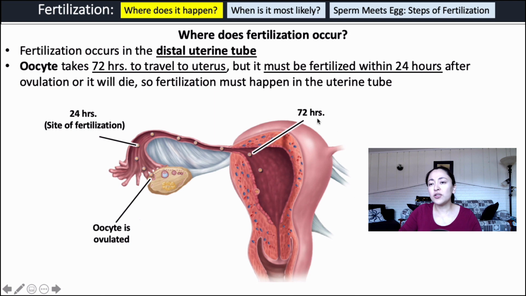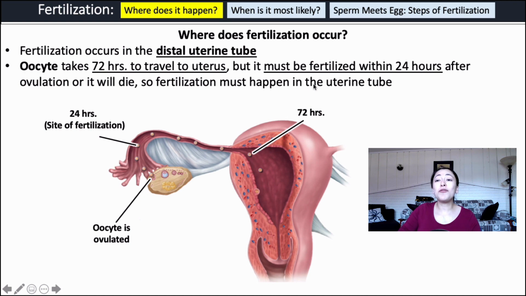Just again to review the anatomy of the female reproductive system, this is the vagina down here, or the vaginal canal. This is the cervix, which is the opening to the uterus. Here's the uterus, here is the uterine tube, and here are the ovaries. The oocyte is ovulated from the ovaries, and then it must enter the uterine tube. However, it takes the oocyte 72 hours to make its way down the entire uterine tube to the uterus.